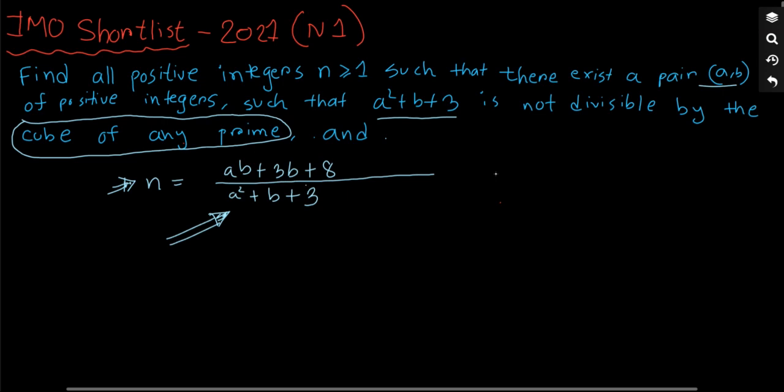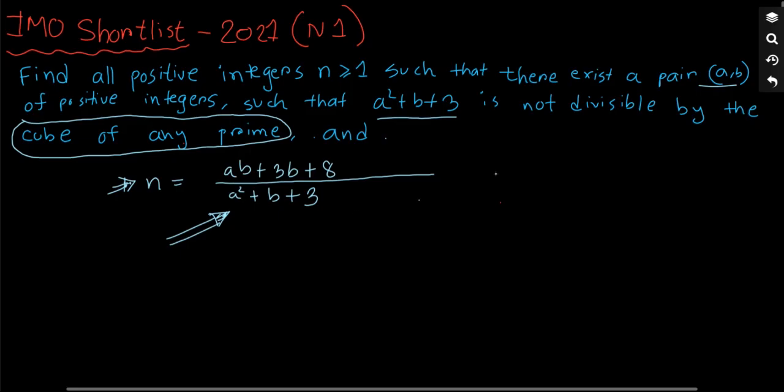When we see a divisibility-related problem where different types of variables are added, our goal is to simplify as much as we can. So I'm going to simplify this as much as I can.